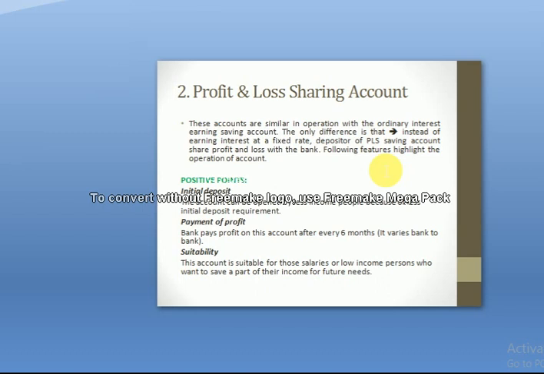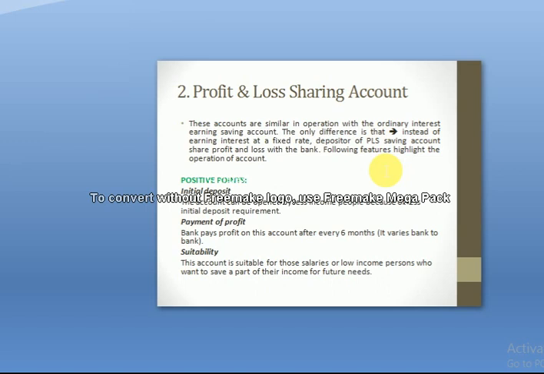Similarly, the payment of the profit. The bank pays profit on these accounts after every 6 months, but it varies from bank to bank. Some banks also offer it on a quarterly basis, and some on an annual basis.